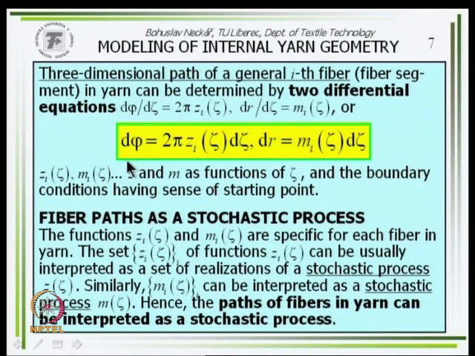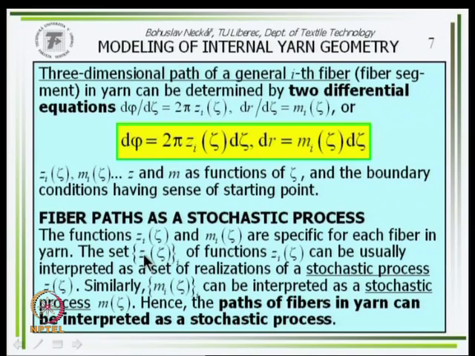Well, and now we have two possibilities how to create a model of the yarn. The first is to interpret the fiber path as a stochastic process. Let's imagine a set of fibers inside of the yarn, and there exists a set of functions zi(zeta) over all i, for the first fiber, for the second fiber, for the third fiber, and so on.